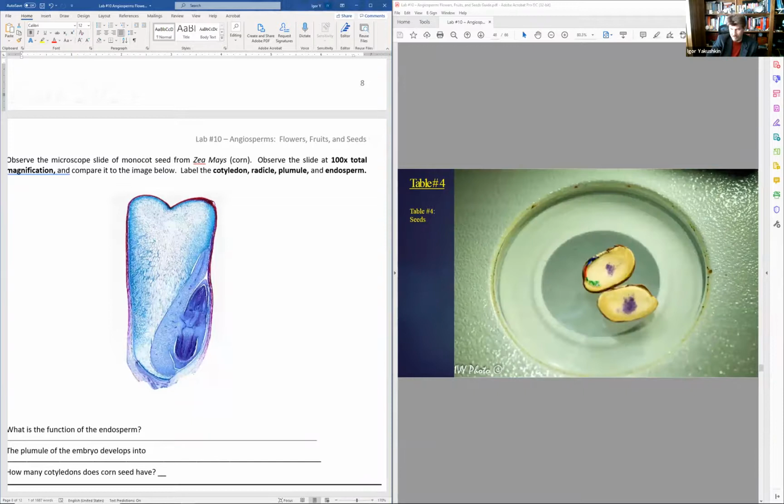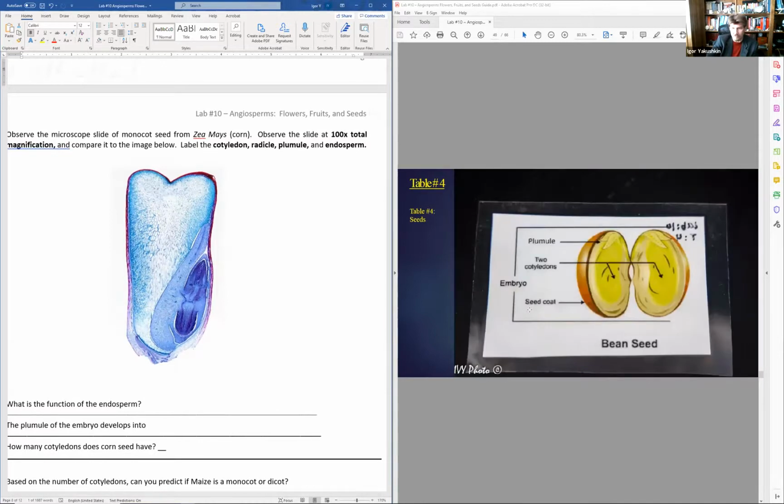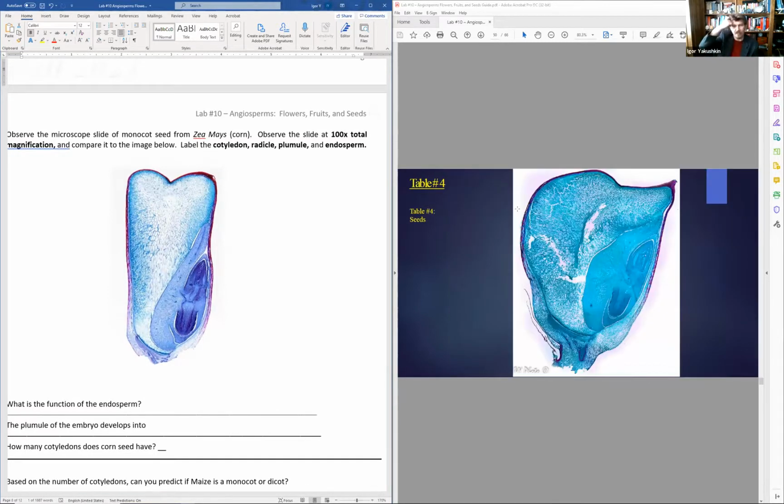So here, once again, we're looking at it with a dissecting scope, what you will see with your naked eye, essentially. The cotyledons are purple, the green one would be the plumule, the red one would be the hypocotyl, and the blue one would be the radicle. Yep, all that stuff. So now we're looking at the microscope view, or cross-section, of the monocot. Now let's take a look at what exactly we're looking at.